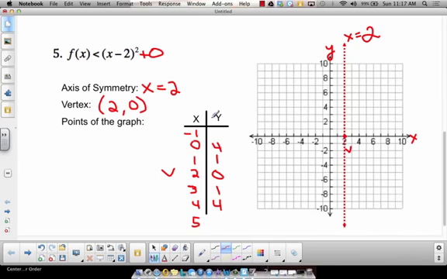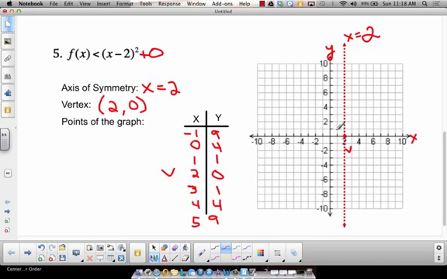So substitute negative 1 in. Negative 1 minus 2 is negative 3. Negative 3 squared is 9. And that's far enough. We know it's a mirror image, so I can go ahead and do that. Let's put these points in.